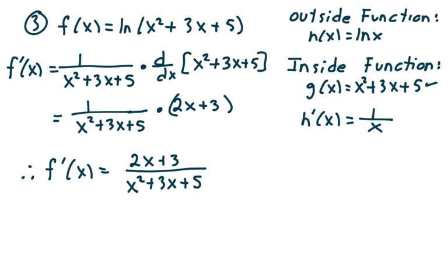That's number 3. I want to take a look at number 4. Suppose f of x is equal to x times natural log of x minus x. Now, to calculate the derivative of x times natural log of x, we have to apply the product rule. Okay?